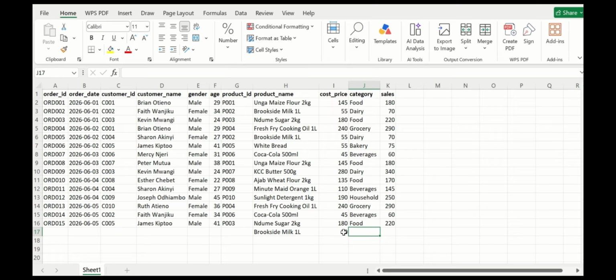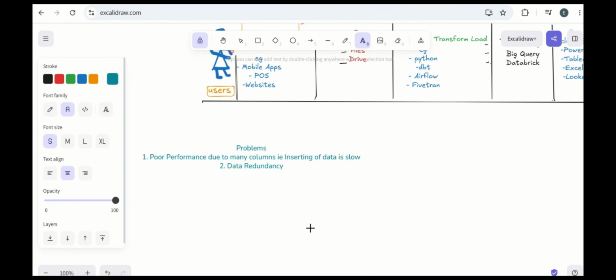There'll be data inconsistency, because you'll see some rows having 50 as the cost price of Brookside milk, while some rows will have 55 as the cost price of Brookside milk 1 liter. So that means there'll be data inconsistency. So the third problem will be data inconsistency.